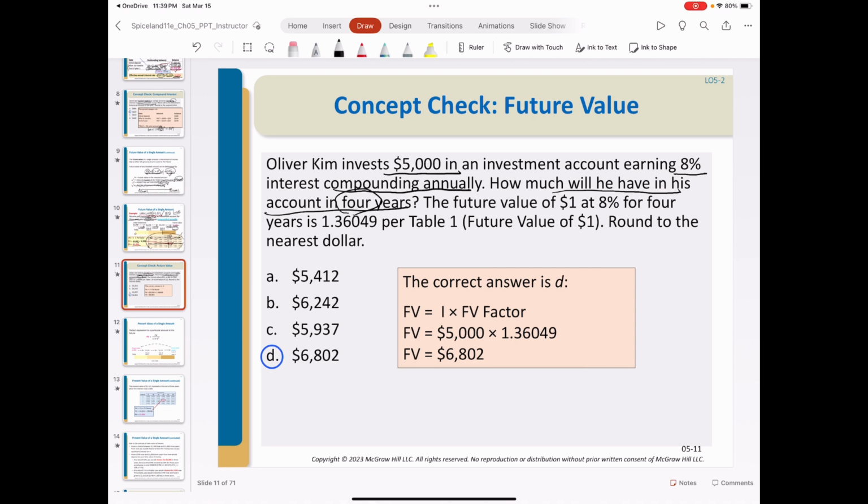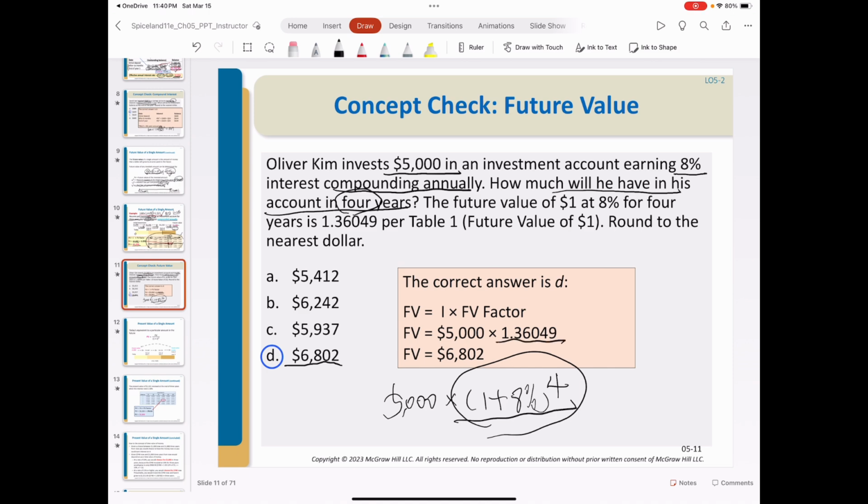So you can write down the formula: 5,000 initial investment, multiplied by (1 plus 8%) to the power of 4. Or you can use 8% and 4 to find the factor in the table. Finally, you can calculate the future value will be $6,802.